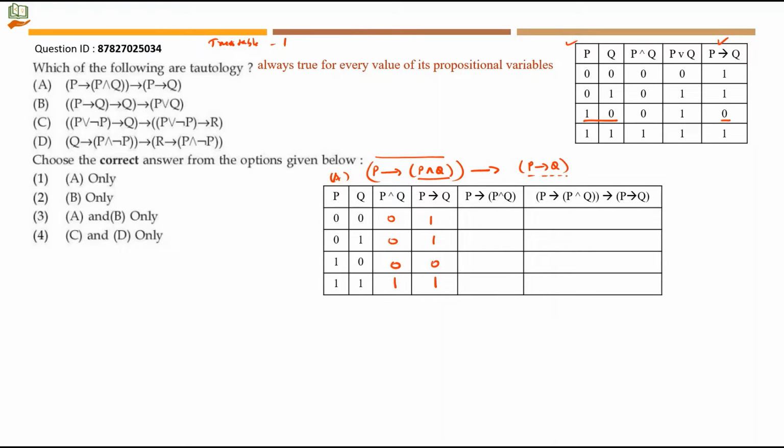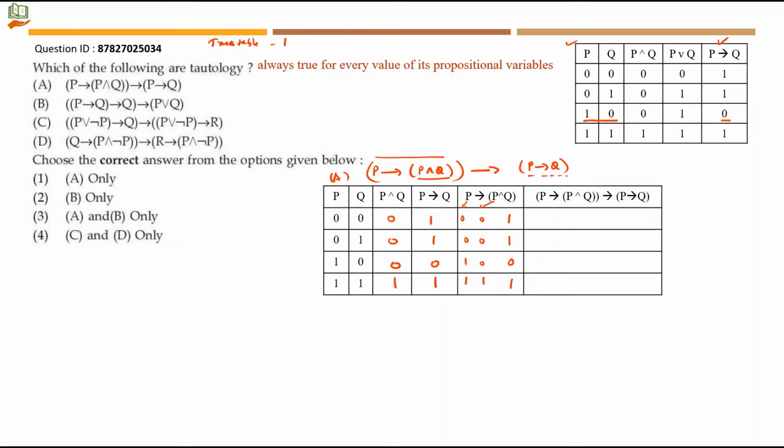So what is P here? 0, 0, 1, 1. What is P and Q? 0, 0, 0, 1. Now what is P implies P and Q? So 0, 0 I will have 1, 0, 0 I will have 1. When it has a combo of 1 and 0, as in this case, I have to mark this to be 0, and 1 and 1 will also give me 1 only.